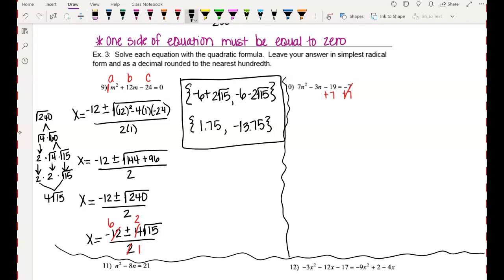So I have 7n squared minus 3n minus 12 equals 0. And that's what I'm going to use for my A, my B, and my C values. Because again, one side of my equation must be equal to 0.